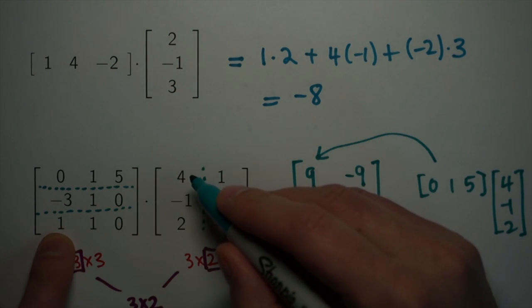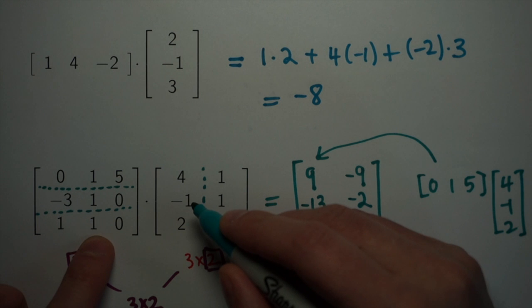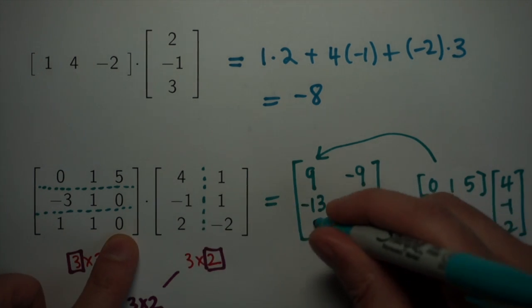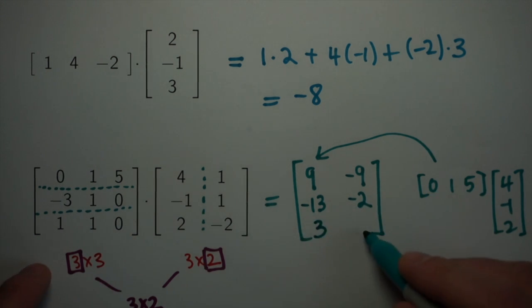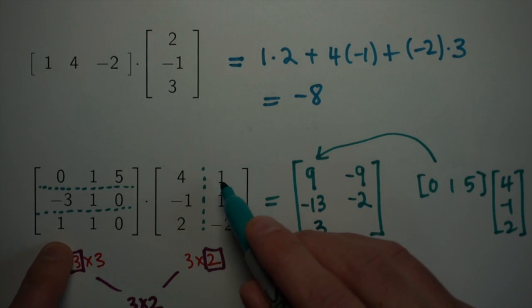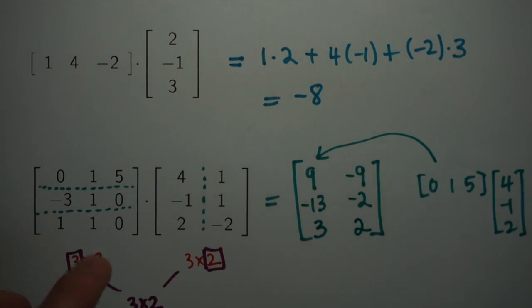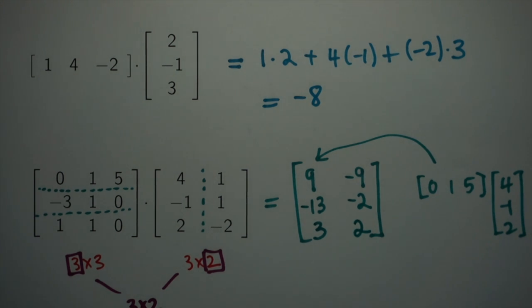So we get 4 minus 1, so 3, plus 0. So this spot will be 3. And then finally, in the last spot, which will be the second column and the third row, we get 1 plus 1 plus 0. So 2. And this 3 by 2 matrix is the product of the original two matrices that we had.